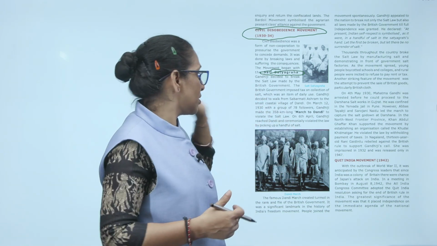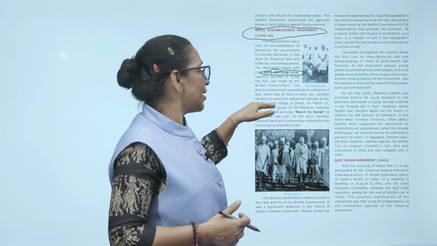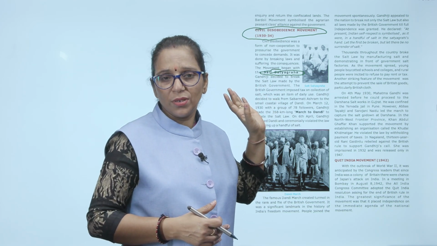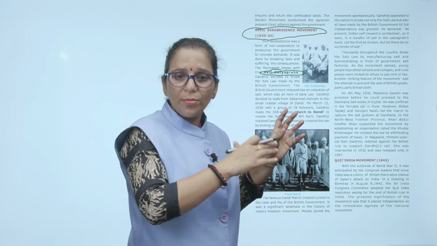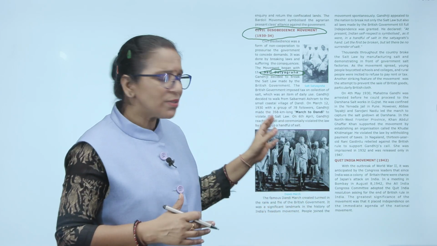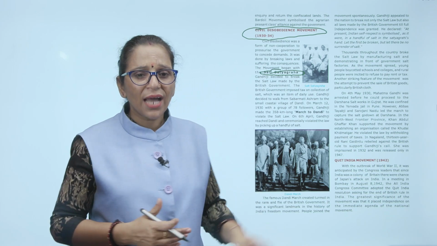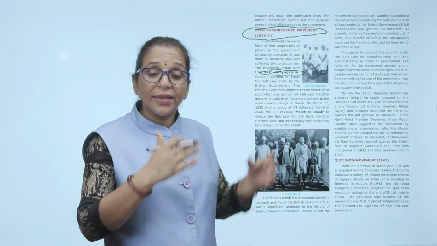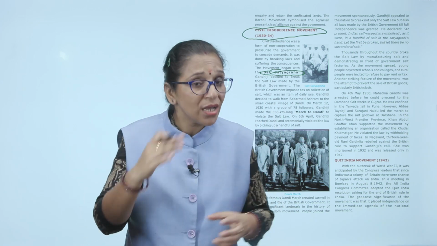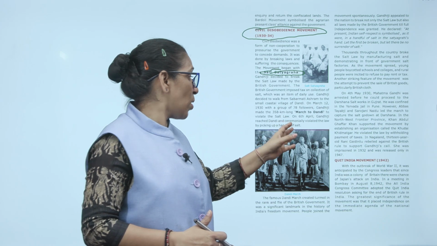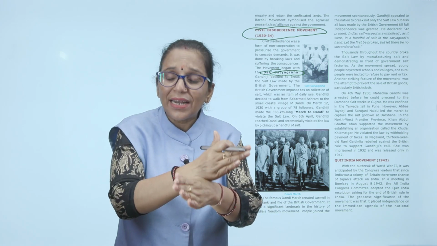See, they had imposed a tax on salt, and Gandhiji decided to walk from the Sabarmati Ashram. He started his salt march from the Sabarmati Ashram along with 78 followers on March 12, 1930. Gandhiji made the 358-kilometer-long march to Dandi. Dandi is a coastal village in Gujarat, where he reached on 6th April, and ceremonially, with the help of the villagers, he broke the salt law.